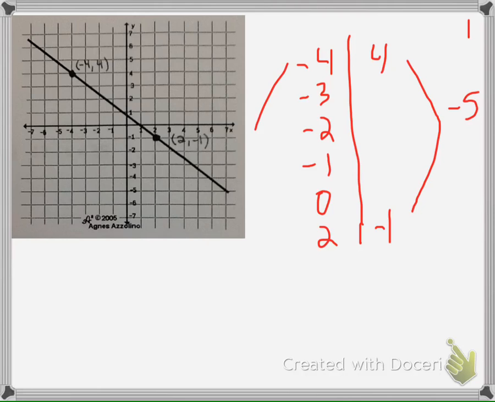And then from -4 to 2, I'm going up 6. And we do rise divided by run. So for my slope, it is -5/6. Which means that every time the x is going up by 1, my y is going down, because it's negative, down by 5/6. Okay, 5/6 is the same as 0.833333.